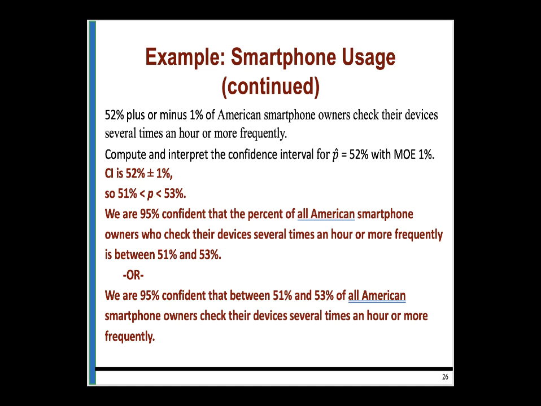Another way you could describe that is we are 95% confident that between 51% and 53% of all American smartphone owners check their devices several times an hour or more frequently. That's why the study was able to say the majority of American smartphone owners check their phones hourly or more frequently. Let's look at one more example of these confidence intervals.